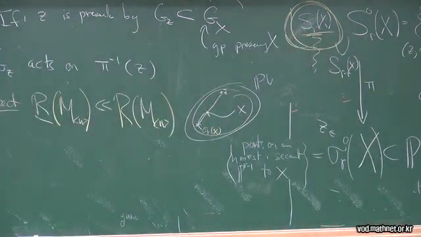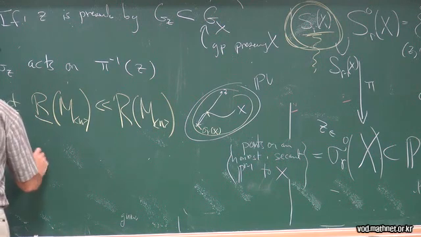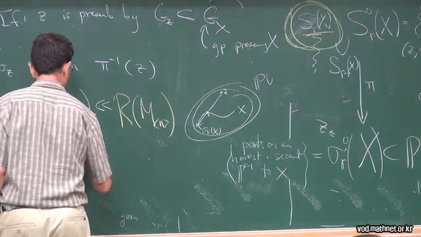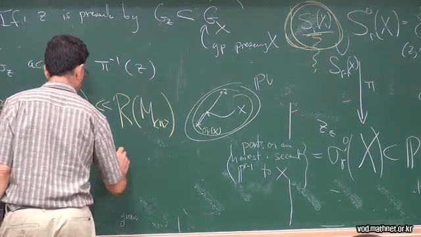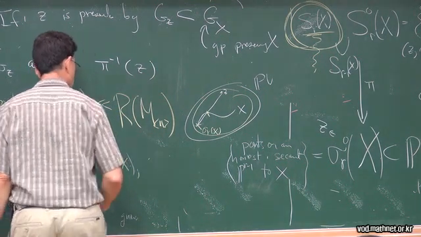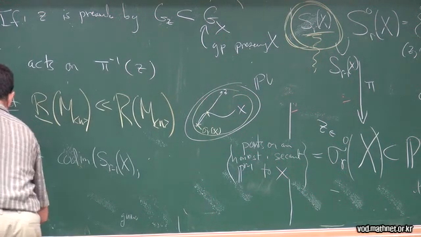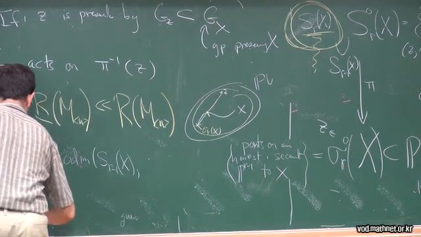let's see, do I have time to do the calculation? So let me do an exercise. The codimension of sigma R minus 1 of X, so X is the Segre, and Z is matrix multiplication.